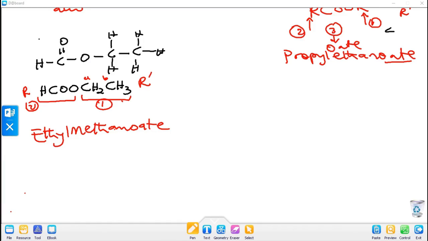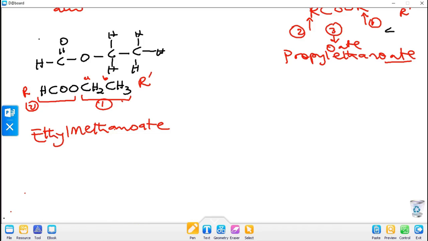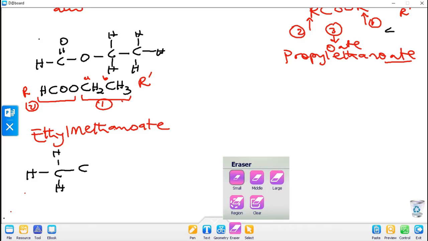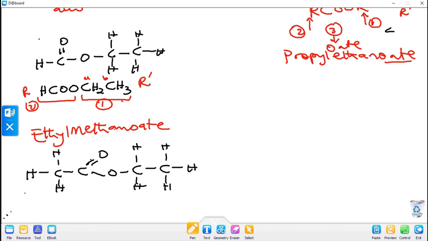The structure is H, C, H, H, C, double bond O, O, C, C, H, H, H. So this is the structure of ethyl ethanoate.